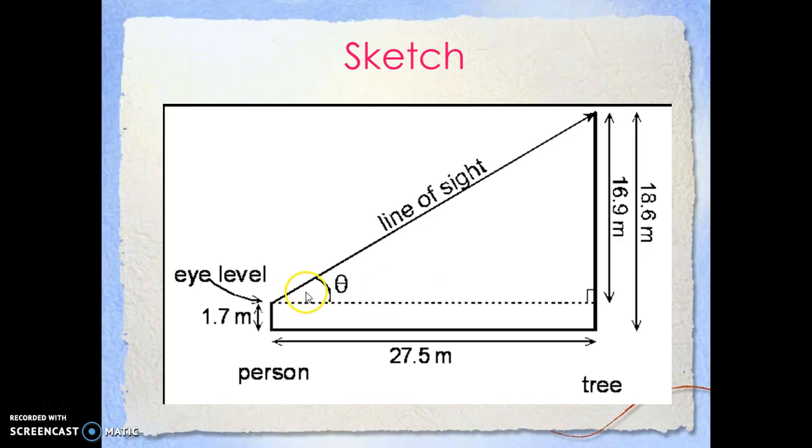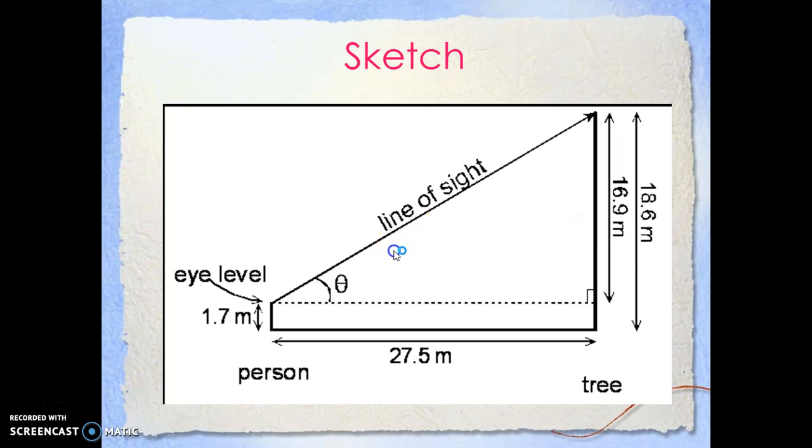So now, how do we get the angle here? So we need to subtract first 1.7 from 18.6 meters to get this segment here. So we have 16.9 meters.